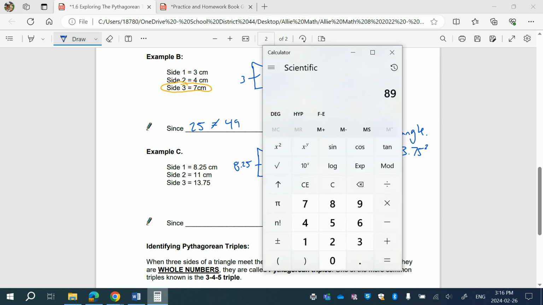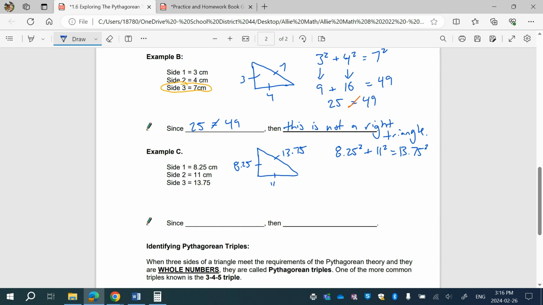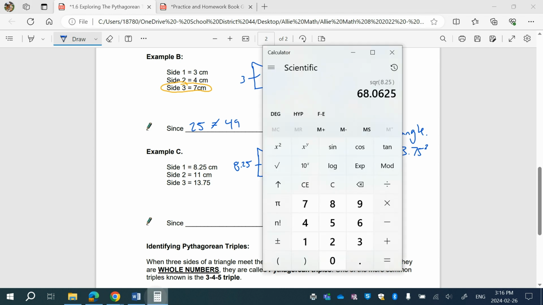I'm going to do 8.25 squared, 68 and a bit. 68.06 plus 11 squared is 121. Does that equal 13.75 squared, 189? Okay, the ending looks promising, 189.06.